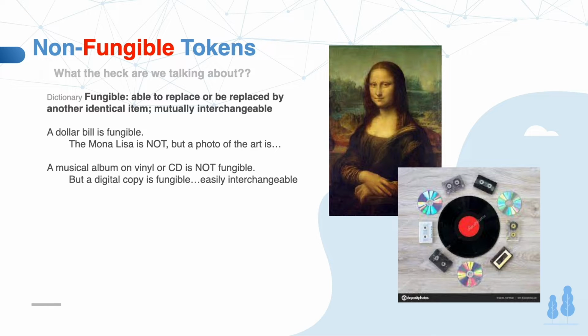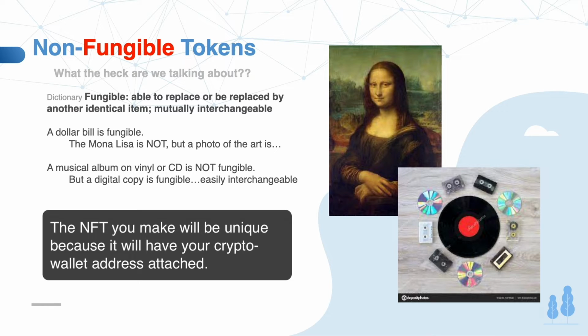However, like in the physical world, you can photo a baseball card or a rare stamp and then print it out, right? But that fake is mostly worthless because it's relatively easy to prove that the reproduction is not the original.